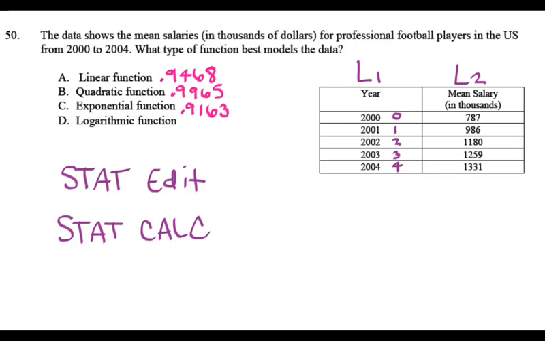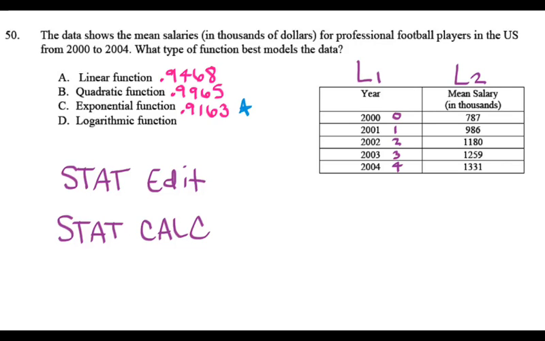Now the exponential regression was the one that would freak out if you put in 2000 instead of 0. You would get an overflow error, just to give you a heads up on that. But it wouldn't affect the linear or quadratic, just the exponential. Actually, it might affect the logarithmic.